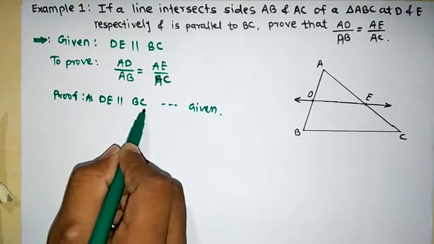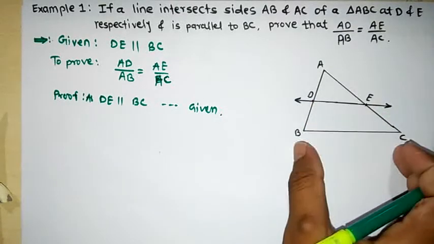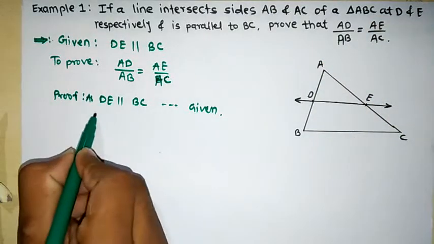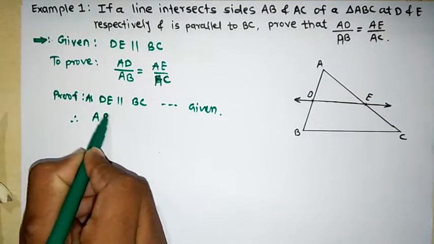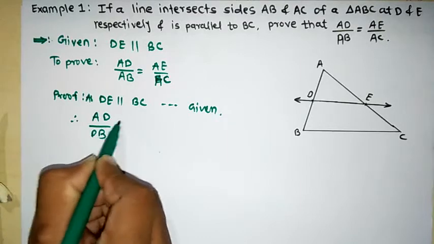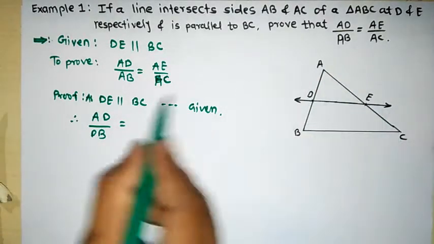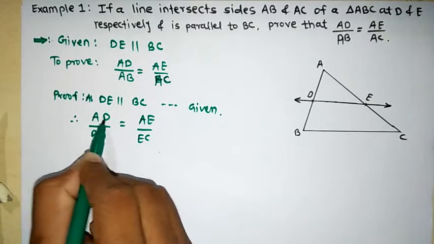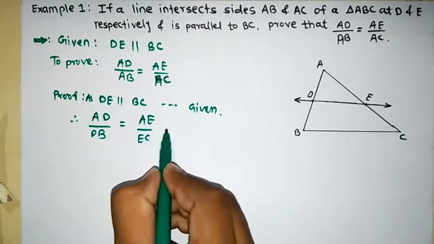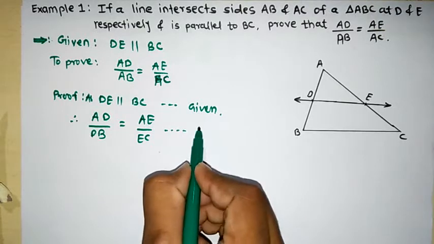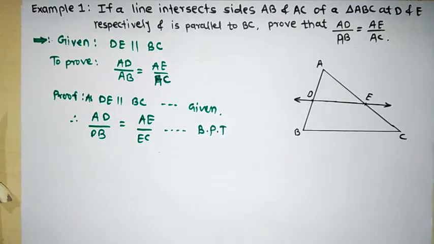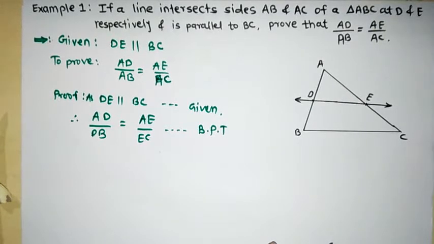As DE is parallel to BC, can we write AD by DB is equal to AE by EC? Therefore, AD by DB is equal to AE by EC. What is the reason? The reason is the BPT theorem, that is the basic proportionality theorem.